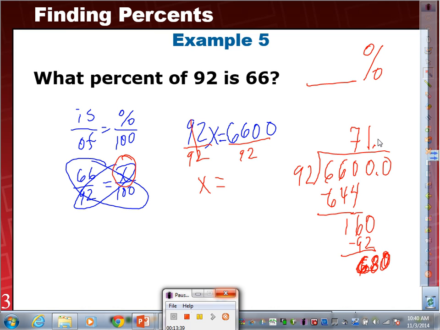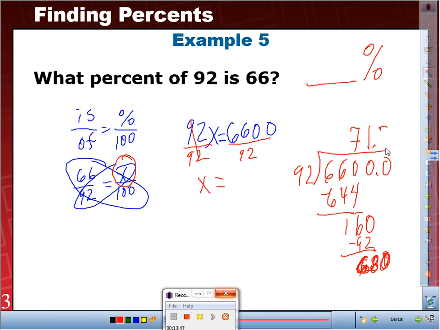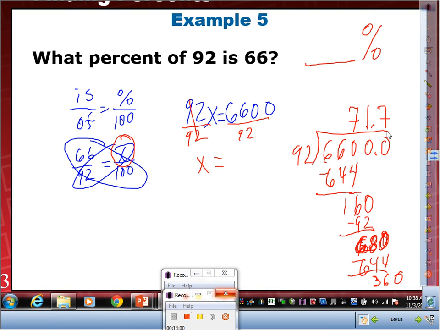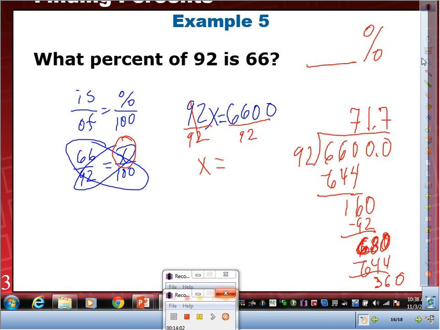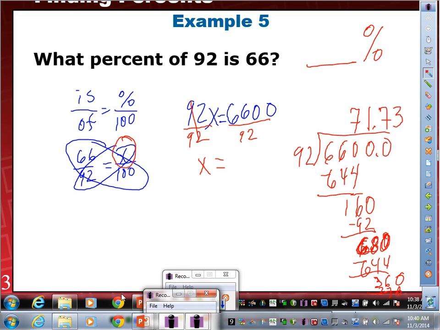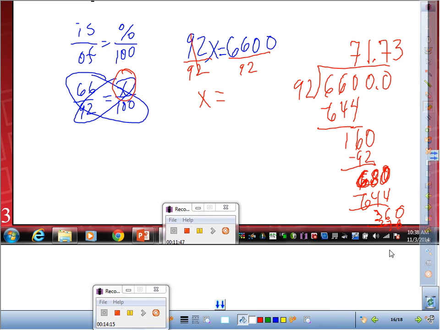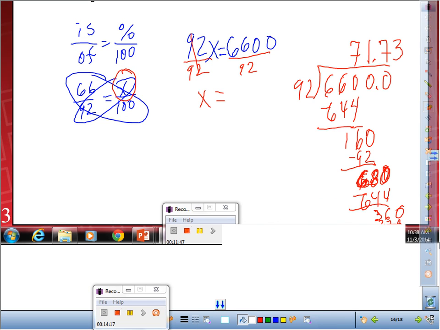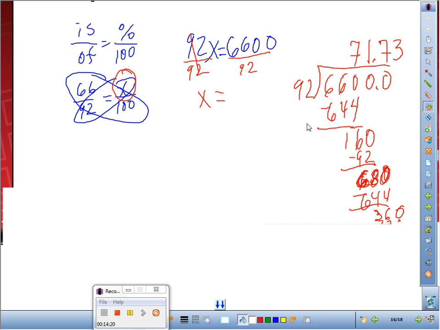So, 92 into 68, I'm going to say 7 times. That's 644. Subtract. This is 36 out of 0. And then it goes in here 3 times. That's 6, 27, 276. Let me move this over. So this was 276.